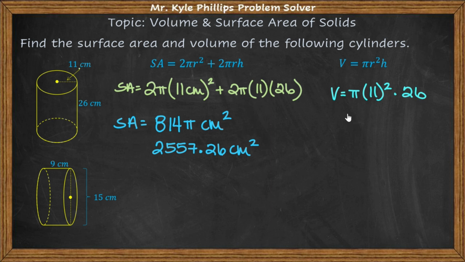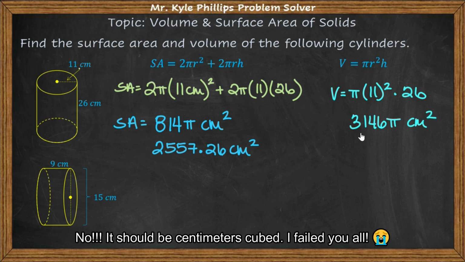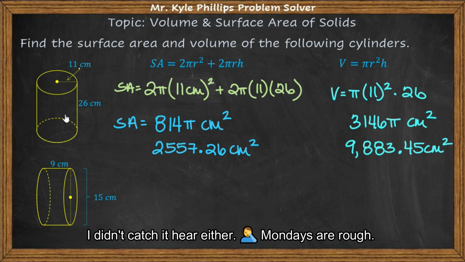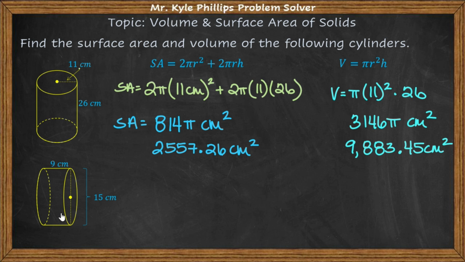That would give us 3,146 pi centimeters squared. And if we wanted this as a decimal, that would be 883.45 squared centimeters. Okay?